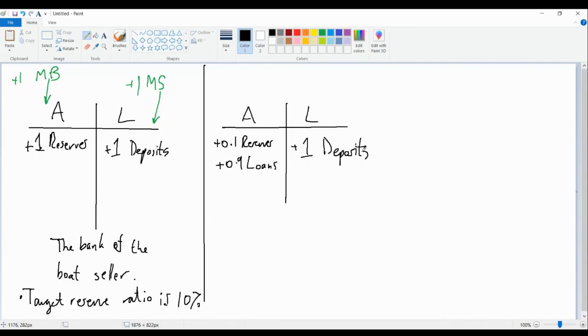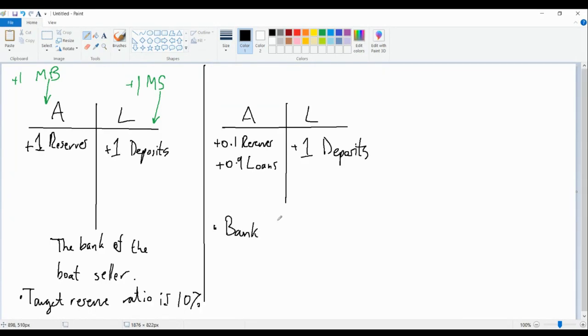Now, it might take time for them to do that, right? Because they have to find otherwise qualified people to lend to. But eventually, the bank would want to do this.